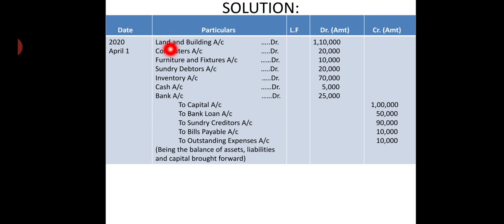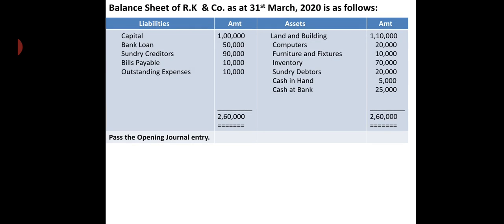All the assets will be debited. So if you move back to the previous problem, you can see that the list of assets is given in front of this. These all assets will be debited.